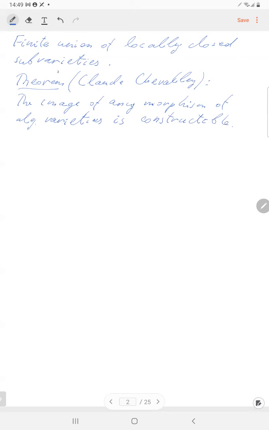But the theorem I'm going to prove now, our main theorem for today, says that in the case of a projective morphism, it's much better. The image is just closed.